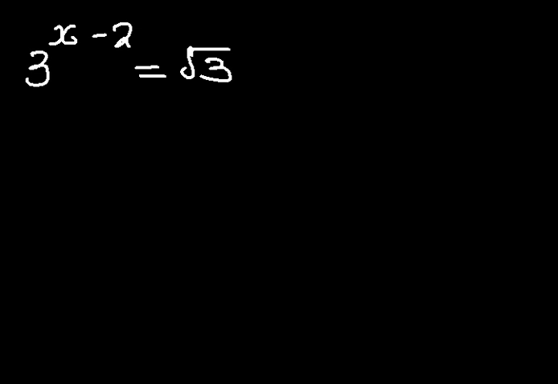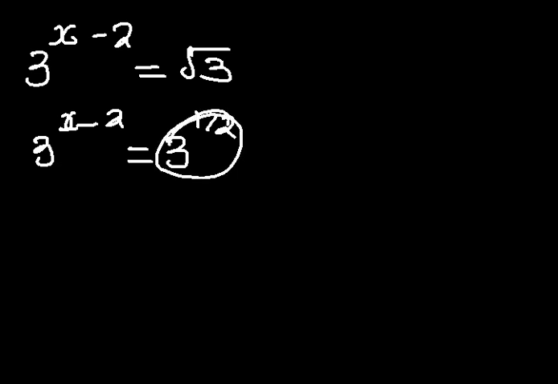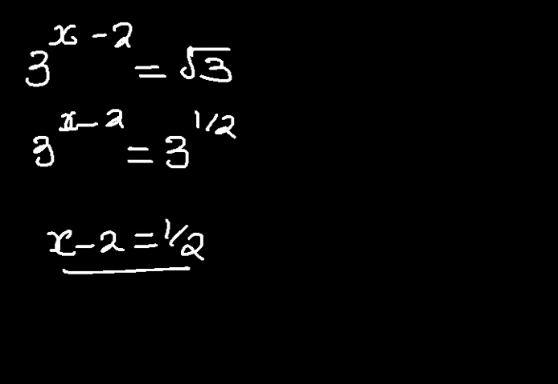There's no way we can express 3 to have a base other than itself, and using the laws of indices we can interpret what is happening there. So we have 3 to the power x minus 2, which is equal to 3 to the power half, because according to the laws of indices this is how it has to be. Then since the bases are the same, we just have to equate the powers. So we have x minus 2 is equal to half. So proceed with it on your own.